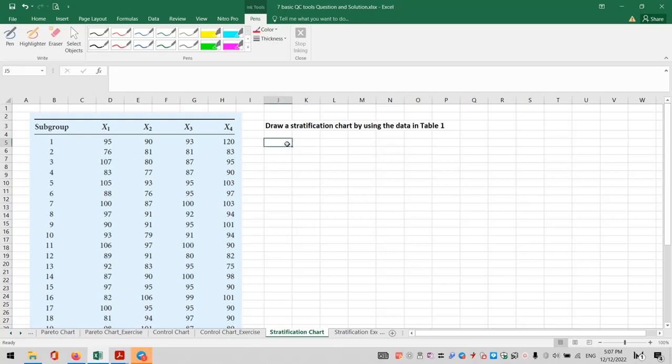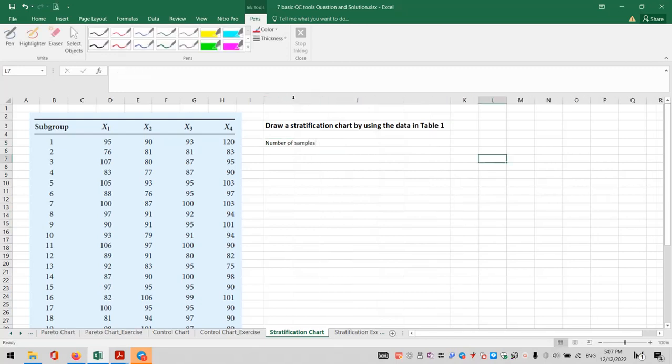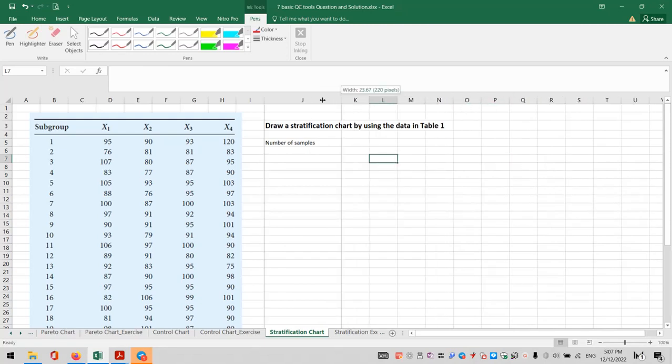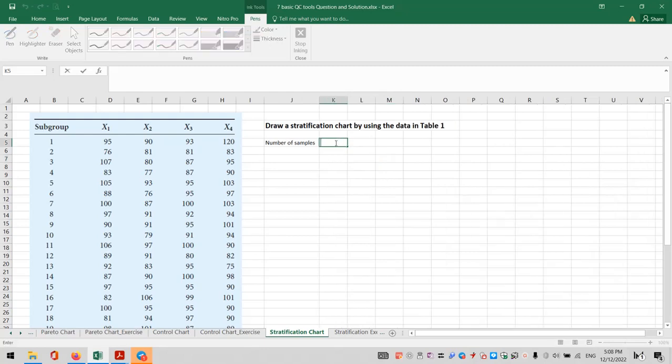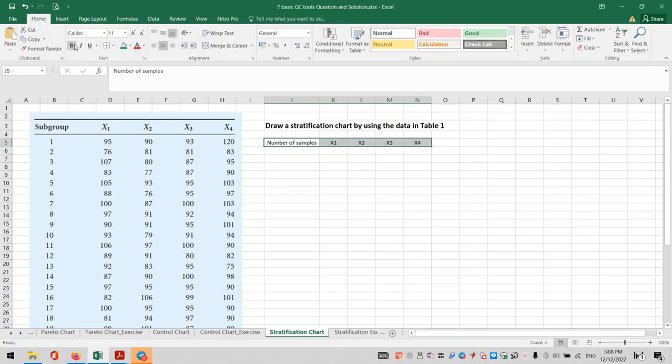Okay. Number of samples. Kita ada X1. Macam tu kan. So, contohlah saya buat 1 sampai 20.